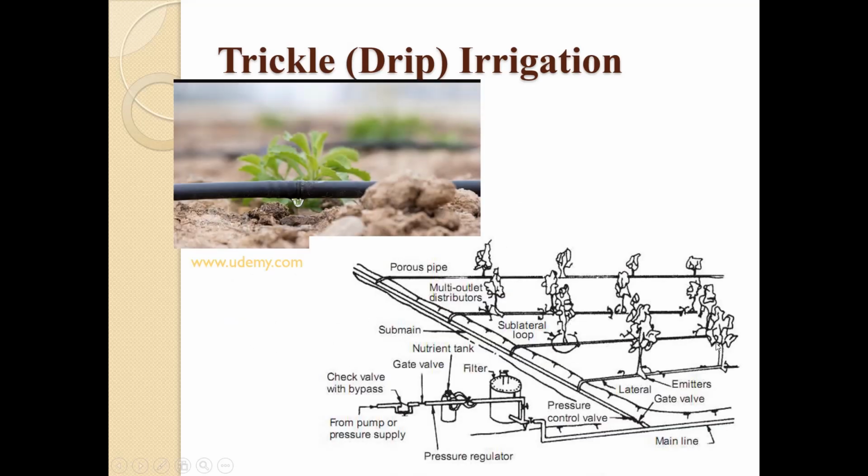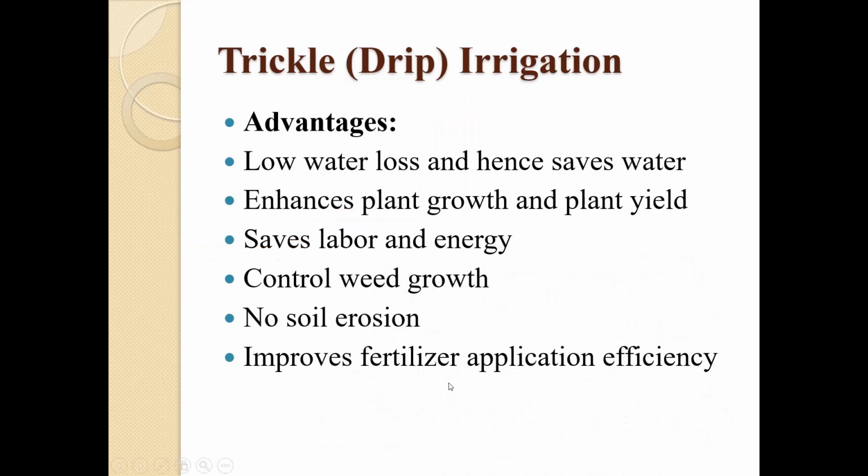Even the water intensity, that is the velocity of water, is quite low, so there will not be any chances of erosion. Improves the fertilizer application efficiency, as I told you earlier, we are applying the fertilizer at the root, and all are water soluble fertilizers, so it becomes easy for the plants to take that nutrition.